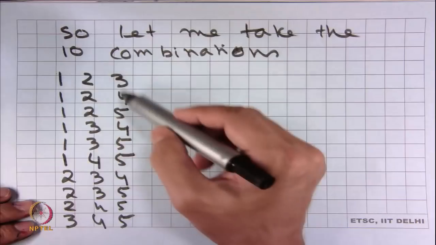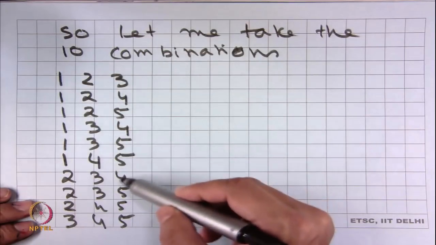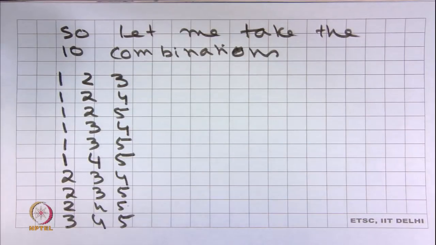So, 1, 2, 3, 4, 5, 6, 7, 8, 9, 10. So, we get the 10 different combinations.